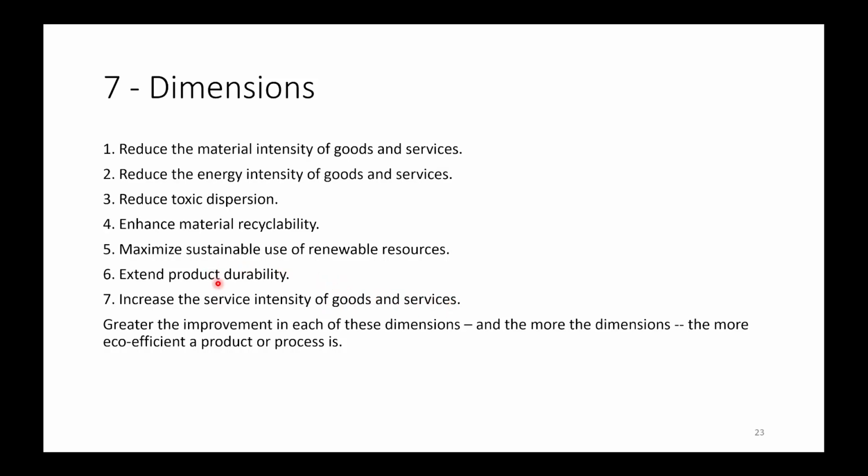So if a product's durability increases, if it can be used for 10 years rather than 5 years, it will also reduce the burden on the materials. Now, the greater the improvement in each of these dimensions, and the more dimensions there are, the more eco-efficient a product or process will be.